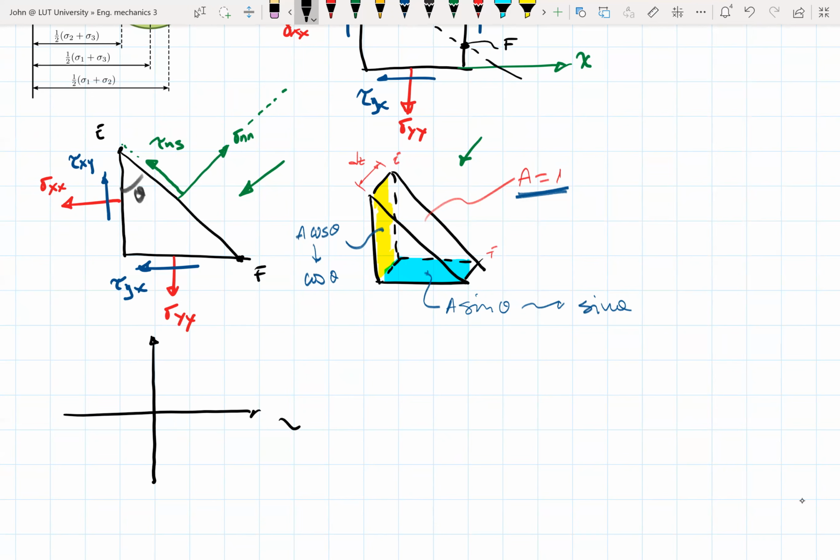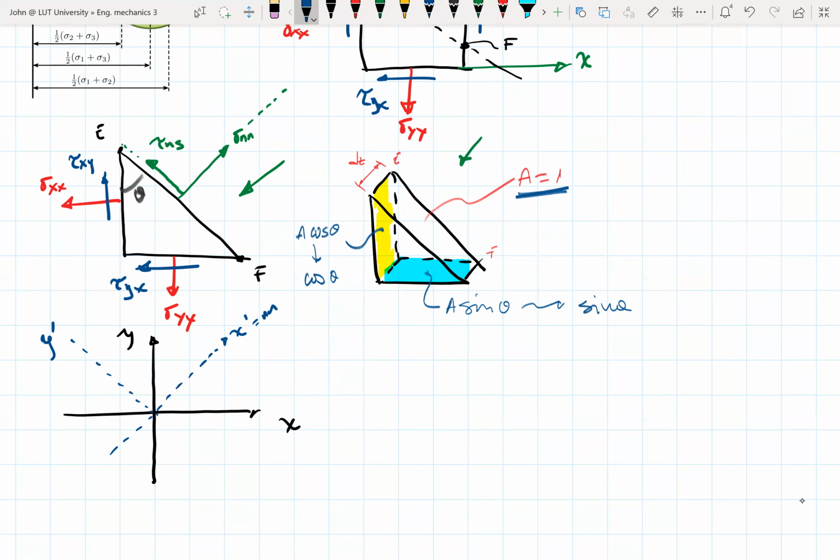I know that this is X, this is Y. Then I will have another coordinate system created by the cut plane. I will have this line, and then a perpendicular to this one. This is going to be my X prime and this Y prime. Then let's understand that X prime is aligned with the NN axis.